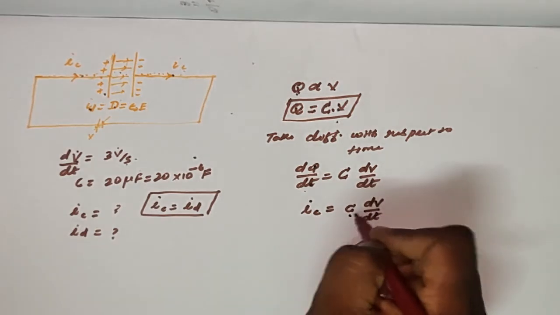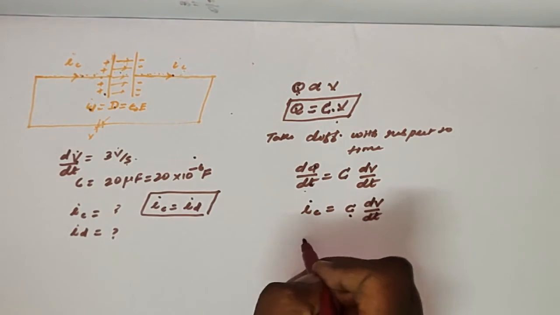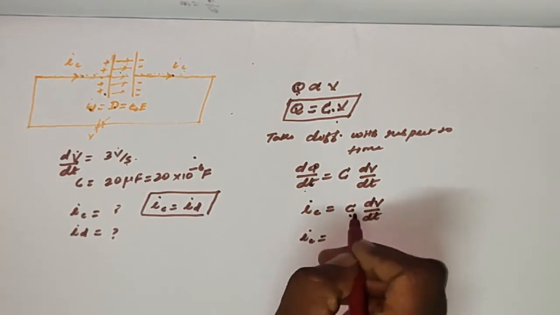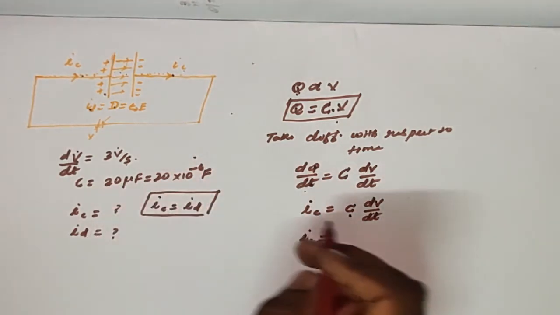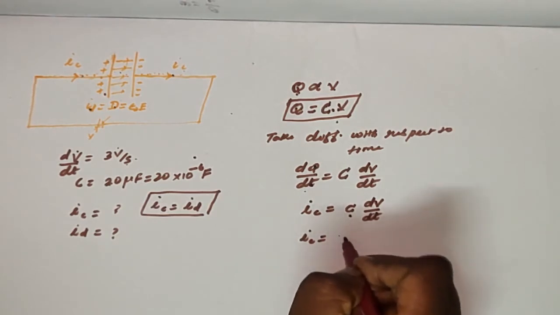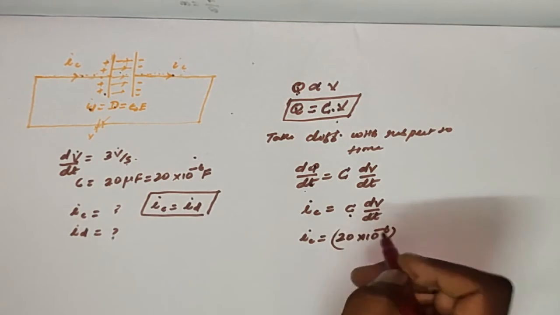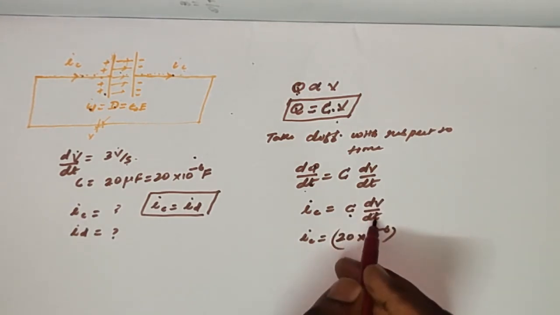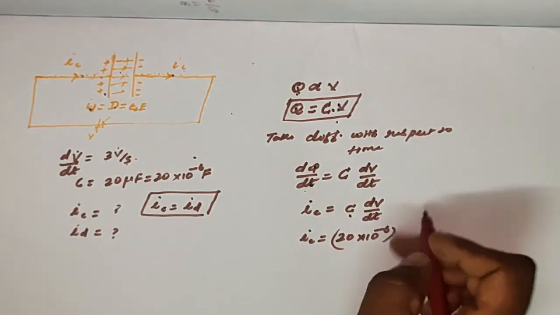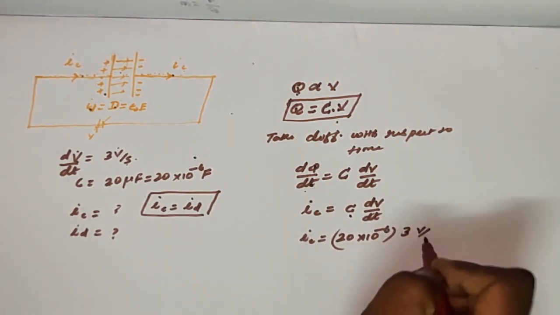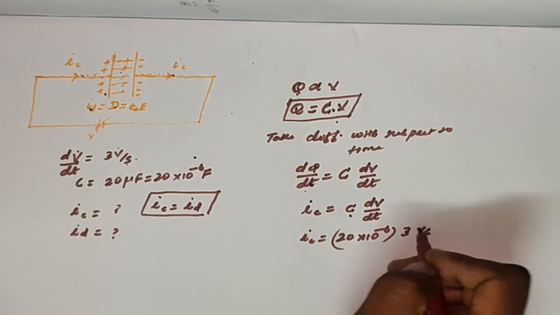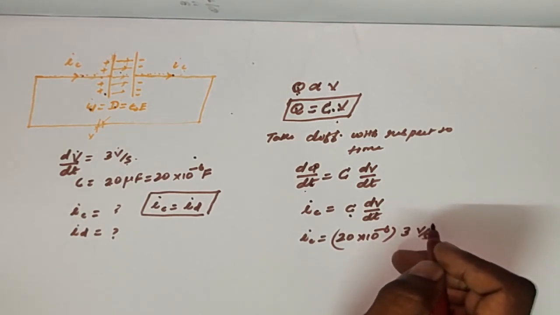We know the capacitance and we know dV by dt. Hence IC equals the capacitance, 20 microfarad, so 20 into 10 power minus 6, times dV by dt, which is 3 volt per second. After that it is a simple calculation.